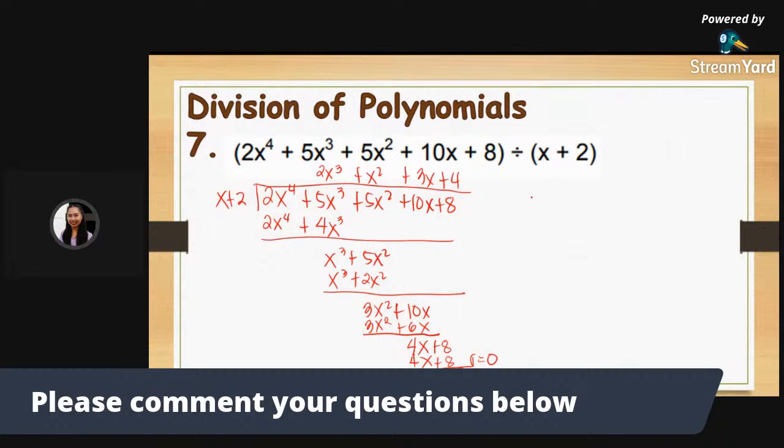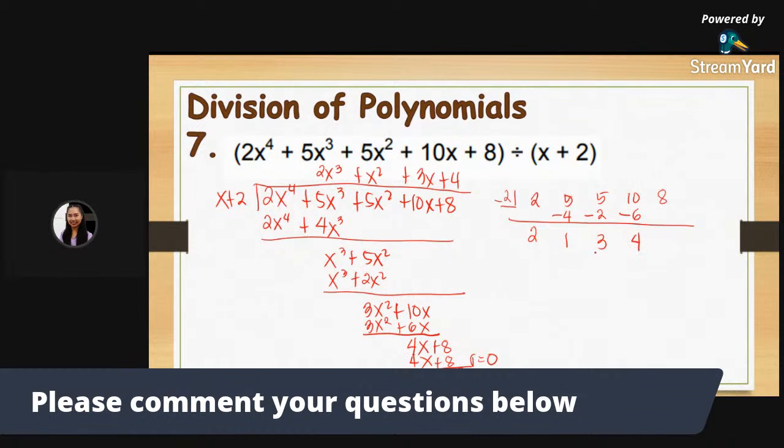And for synthetic division, we have 2, 5, 5, 10, 8 divided by negative 2. That will be our C. So bring down 2. 2 times negative 2, we get negative 4. 5 plus negative 4 is 1. 1 times negative 2 is negative 2. 5 plus negative 2 is 3. 3 times negative 2 is negative 6.